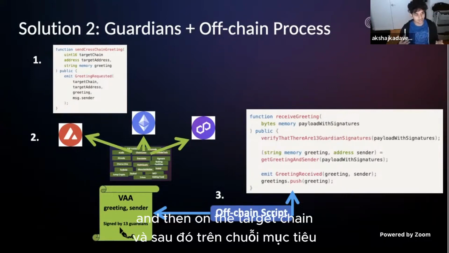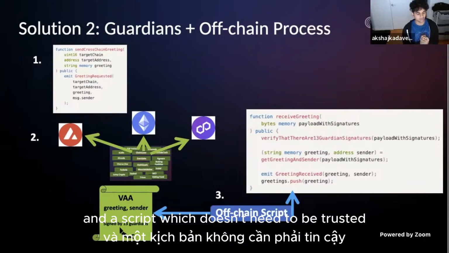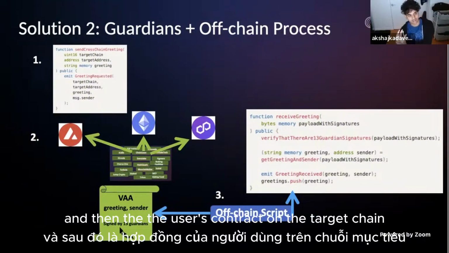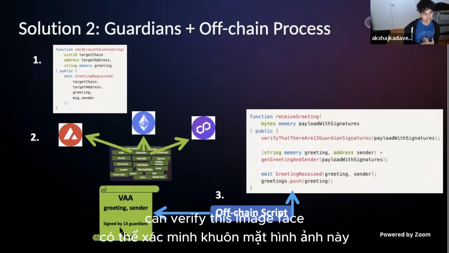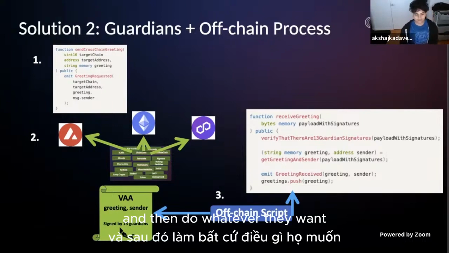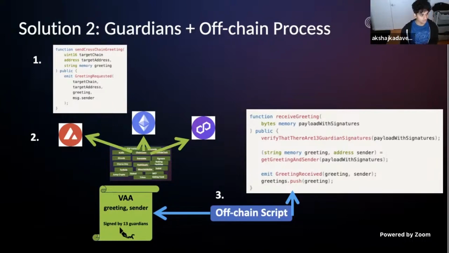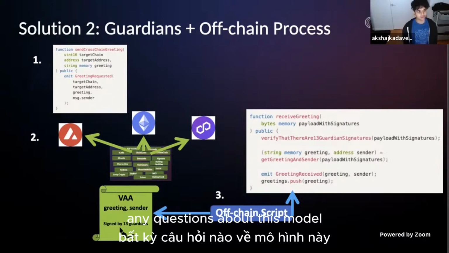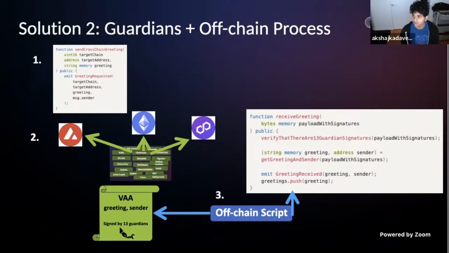And then on the target chain, a script, which doesn't need to be trusted, it can be anyone, brings those signatures to the target chain. And then the user's contract on the target chain can verify those signatures and then do whatever they want. Let's take a quick pause here. Any questions about this model?